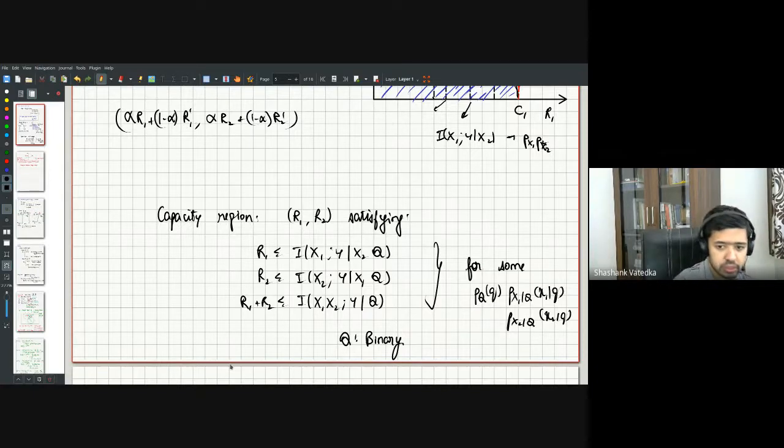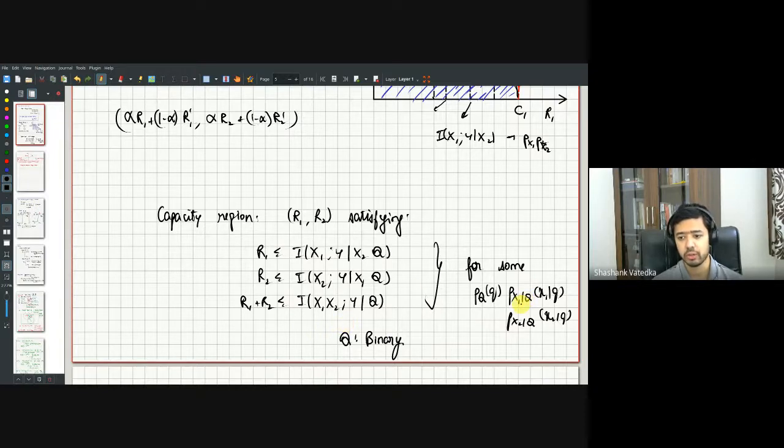Although here we've looked at all possible input distributions, the same results can be extended to the case when you have input cost constraints, right? So for example, if you have some kind of a power constraint at each transmitter, then in fact it turns out that you have an identical capacity region, except that the class of distributions over which you find this rate region is a little more constrained.